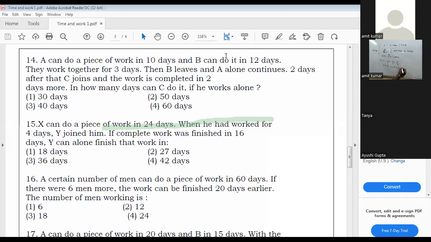That is 72/5. Now we have X can do a piece of work in 24 days. X plus Y can do a piece of work in 72/5 days.